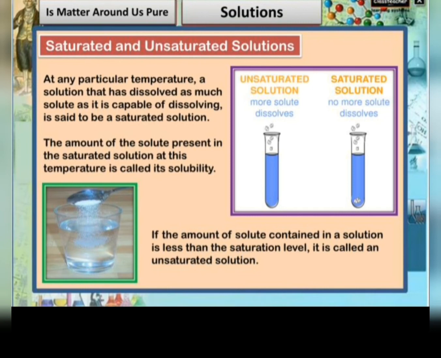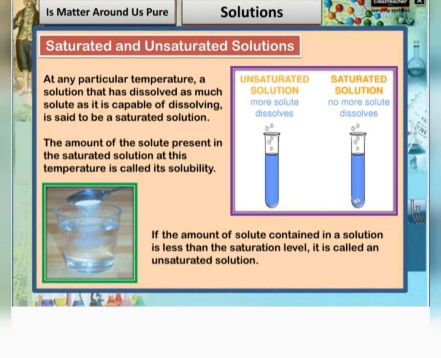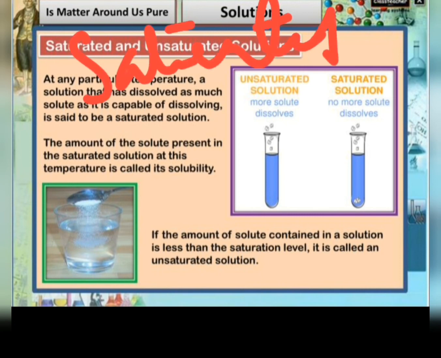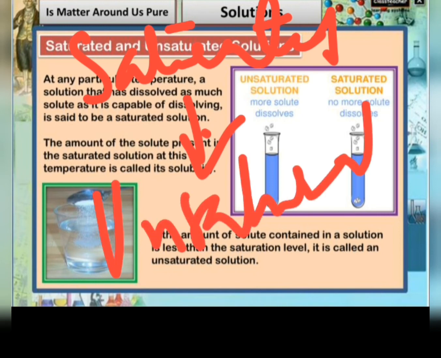So if a saturated solution at a particular temperature is heated to a higher temperature, if we have raised the temperature, then it becomes unsaturated. So basically, a saturated solution in which no more solute is getting dissolved can become unsaturated if the temperature is raised, okay?